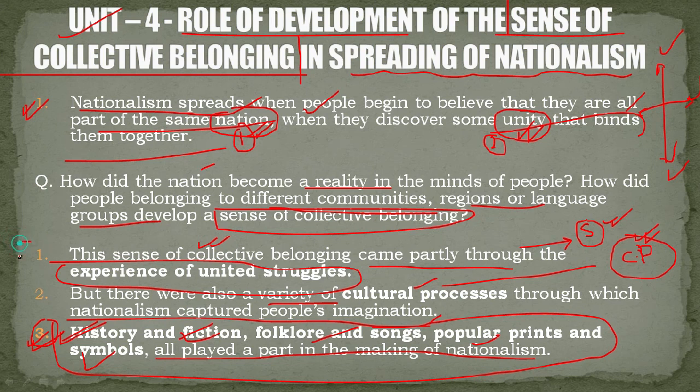All these points helped in developing the sense of collective belonging, and this sense of collective belonging then helped empower the feeling of nationalism. That is how nationalism spread at that point of time, and finally in 1947 we got our independence.